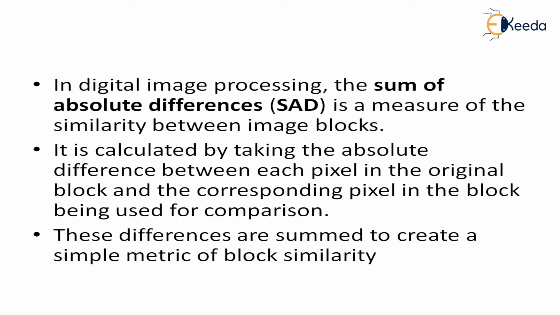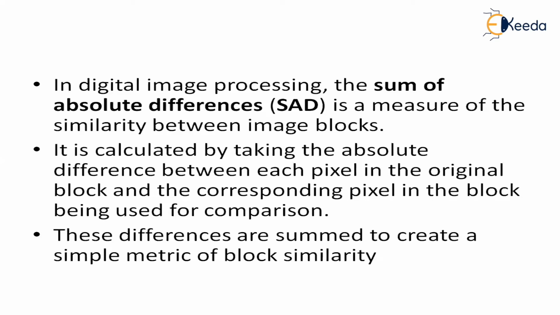Now in image processing, we usually have this SAD technique, which is a measure of finding the similarity between image blocks. It is calculated by taking the absolute difference between each pixel in the original block and the corresponding pixel in the block being used for comparison. An image consists of various pixels. Suppose I take the first pixel of a particular frame and the corresponding pixel in the second frame.